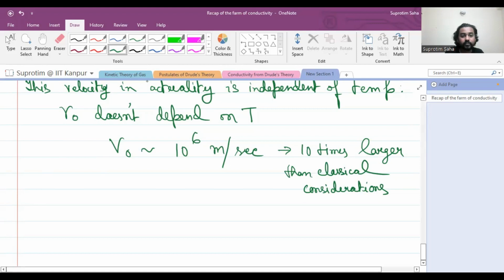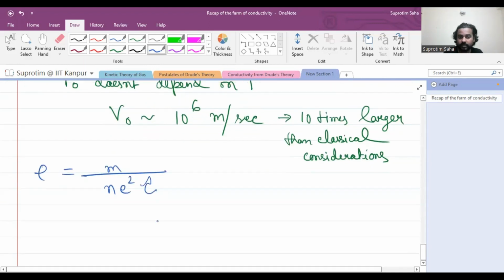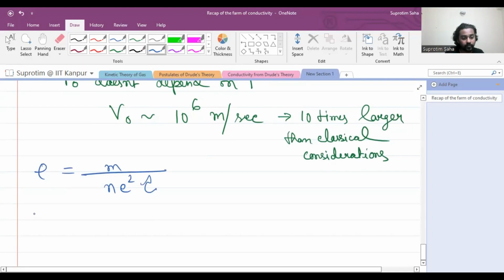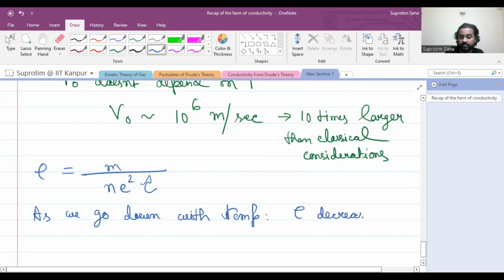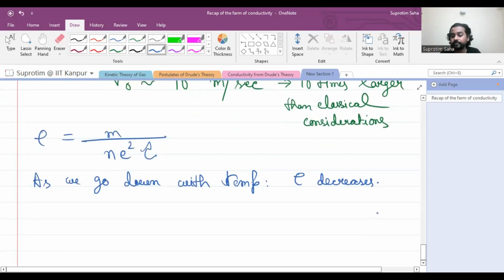Also, we found that rho is equal to m by n e squared tau. So we know that as we go down with temperature, rho decreases, resistivity decreases.